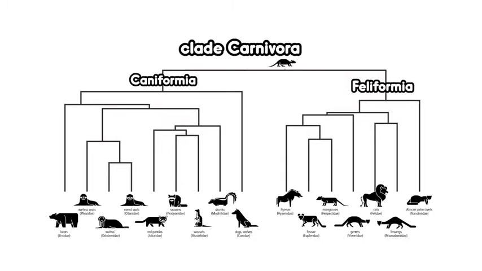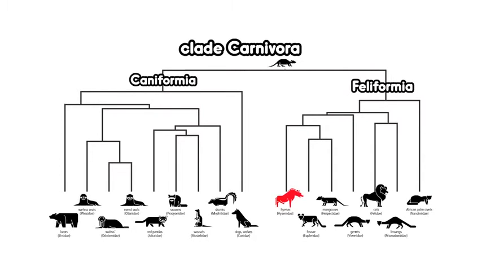To find out which carnivorans are most closely related, we trace back from tips to nodes. For instance, seals are more closely related to bears than they are to dogs because they share a more recent common ancestor.